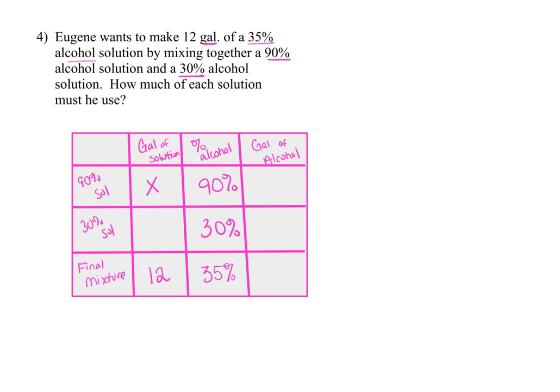So if I have x, I'm going to say 12 minus x. Anytime they give you the total amount and you don't know either of the other two, it's going to be a variable and the amount minus the variable. All right? The amount minus the variable. Okay? Because that column right here should always add up. X plus 12 minus x equals 12.